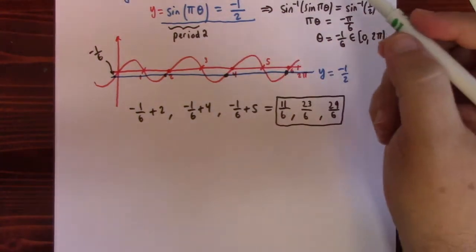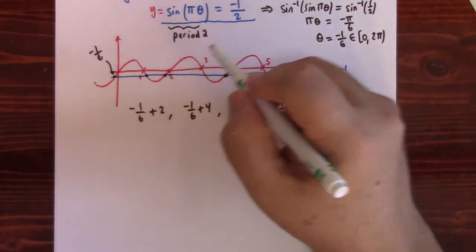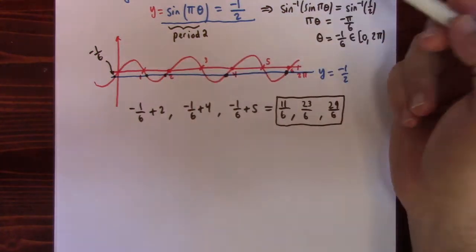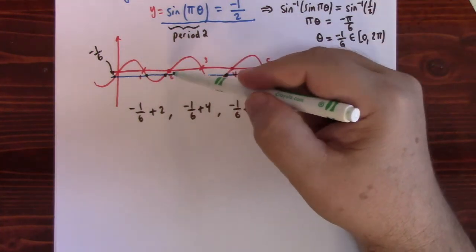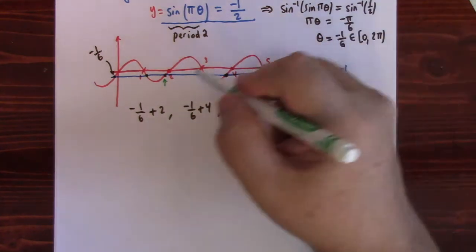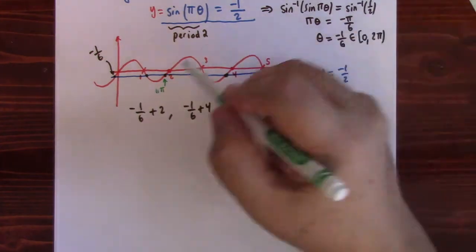Now if you look at this right here, that's the other kind of solution. If I draw this graph bigger it would have been helpful, but there's a symmetry. This solution, which was 11 pi over 6, excuse me, it was 11 sixths.